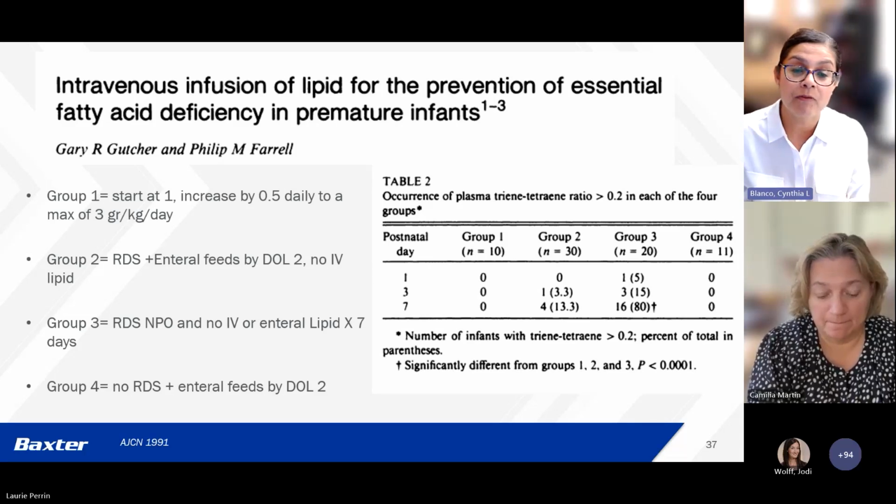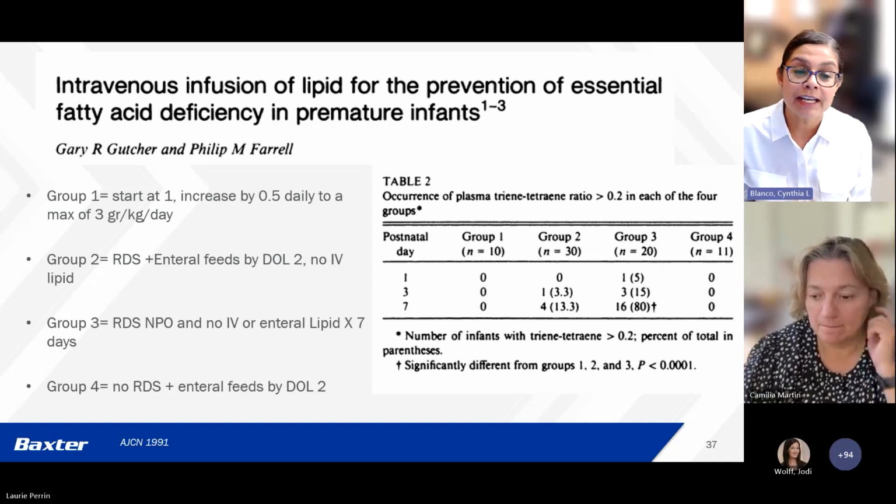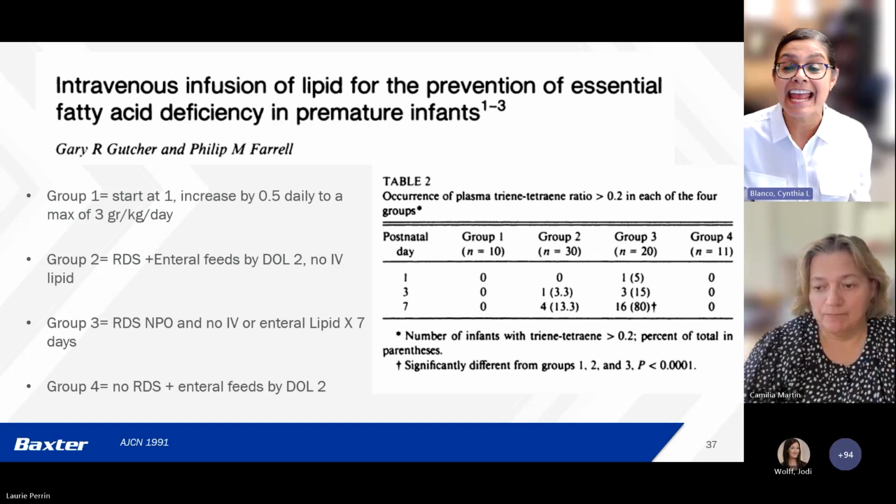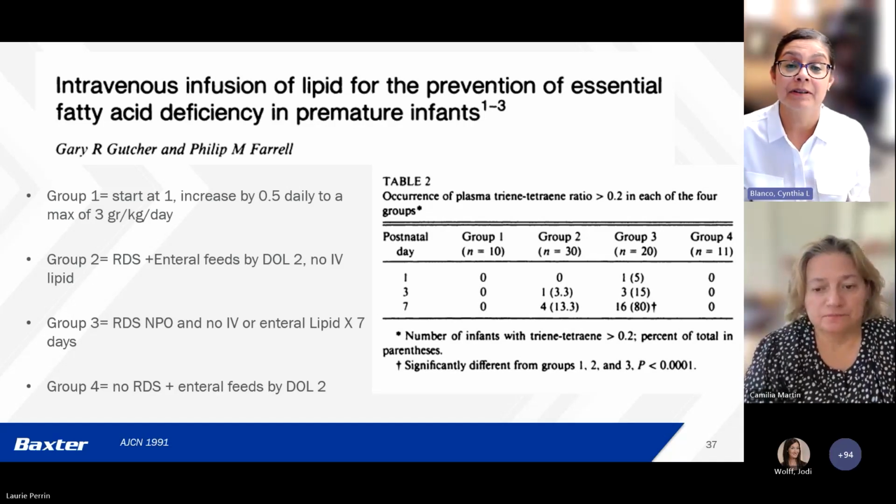The same thing for group 4 because they were on enteral feeds. But group 3, which is the one that had no IV and no enteral lipids, 80% of them developed this fatty acid deficiency by day of life 7.